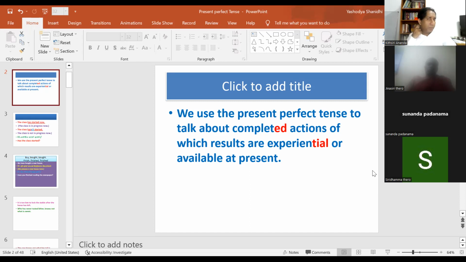But if you compare with our language, you might think that this is to be sort of past tense. But even though the action is completed, we see the result at present.